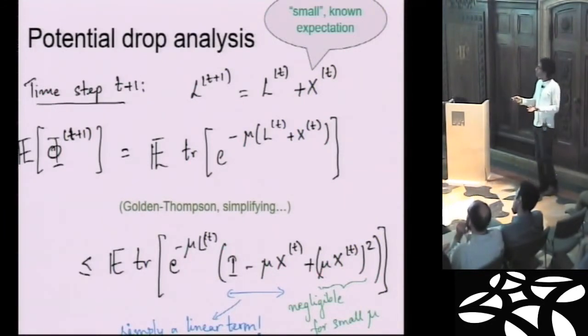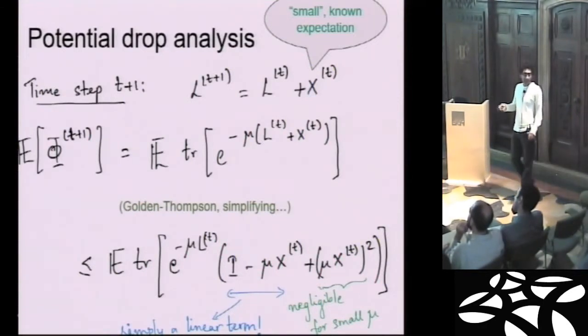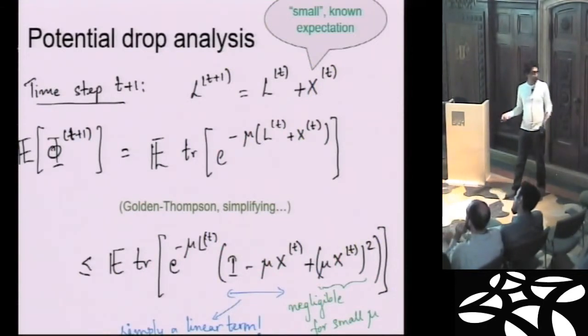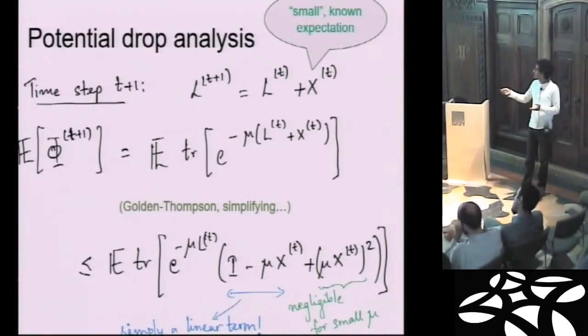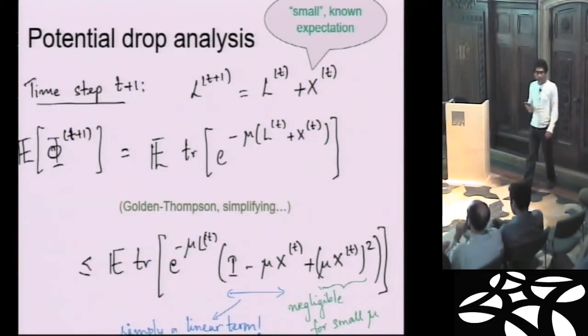So you can show that the linear expansion for this phi_{t+1} is actually the correct one. At this point, you can essentially take expectations: you look at the expected value of the potential, and if you ignore this, it's just a linear term.